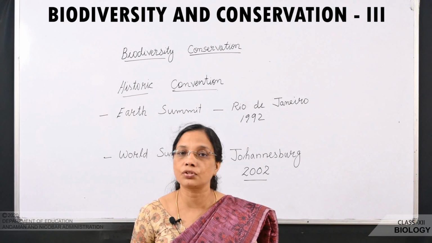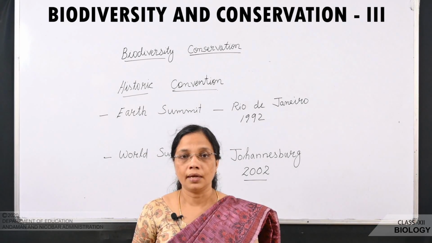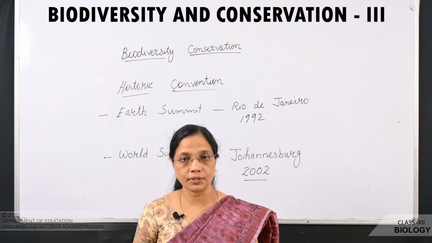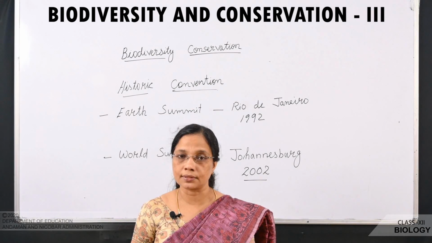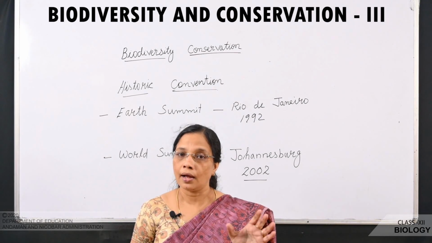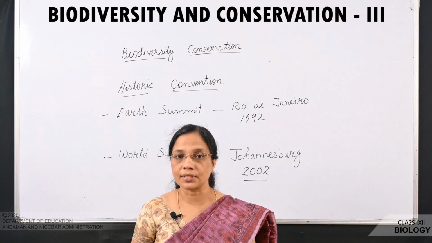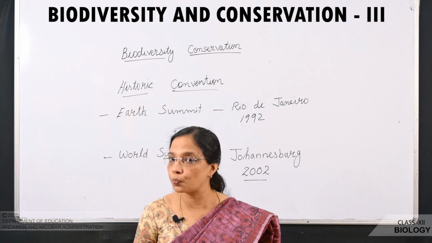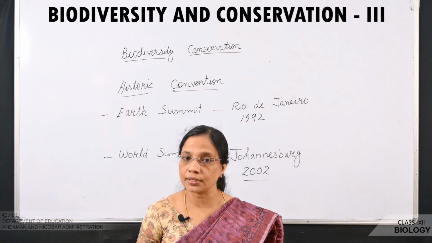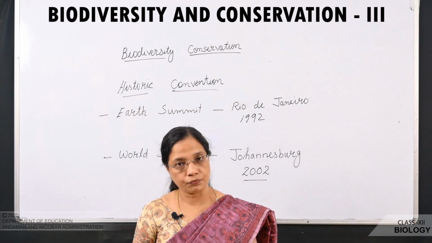In situ conservation, also known as on-site conservation, is where species are conserved in their natural habitat along with nature. We have seen examples like hotspots, national parks, wildlife sanctuaries, biosphere reserves and sacred groves.